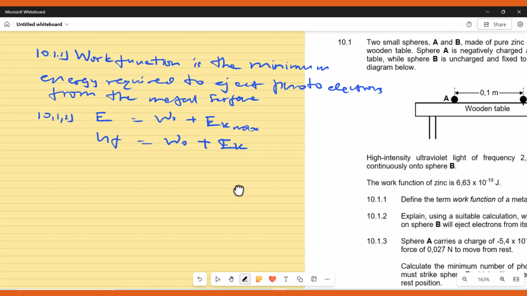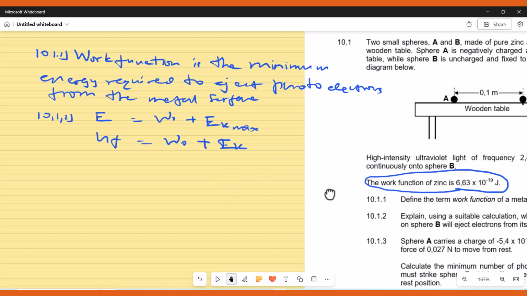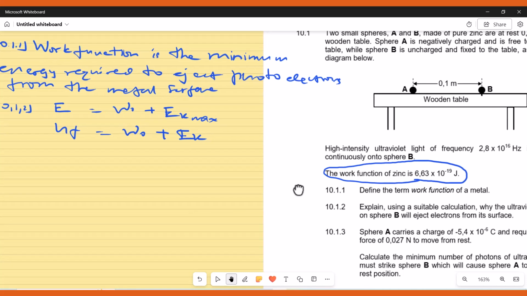If our energy E is greater than the work function, then you're going to have the remainder used as kinetic energy, and hence you're going to eject photoelectrons. The work function is given here as 6,63 exponent negative 19 joules. Let us get the energy E, because we have the frequency given as 2,8 exponent 16 Hz.